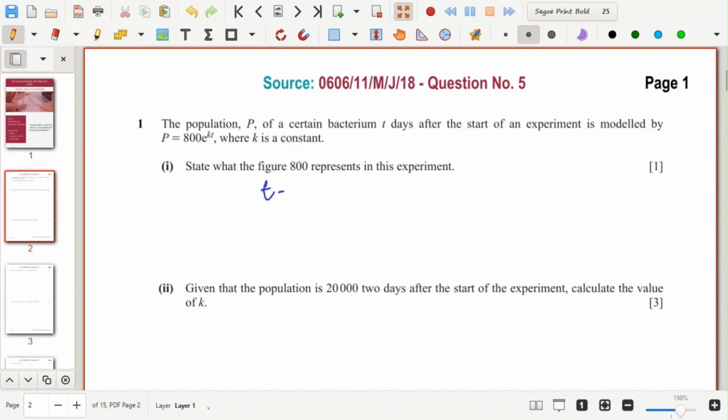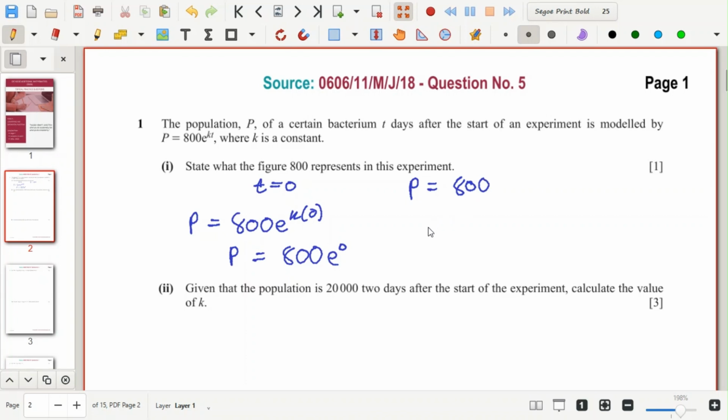Zero, because you are now starting afresh. So let's put that value into this and see what you get. K times zero, which is still what? 800 e to the power zero. So e to the power 0 is what? 1. So this is the same as 800.